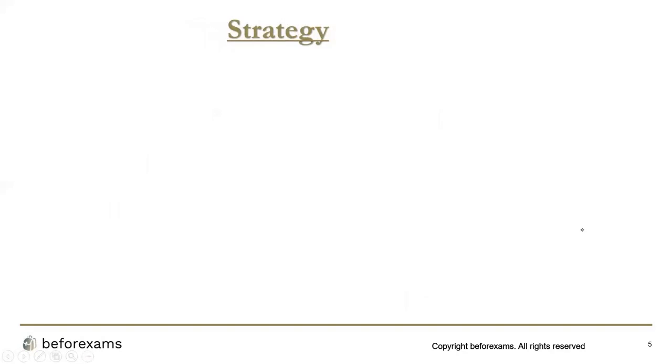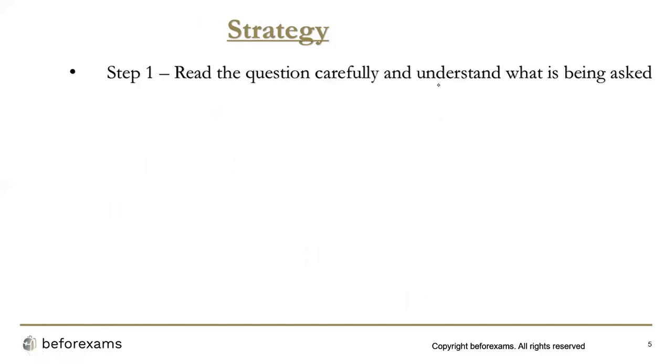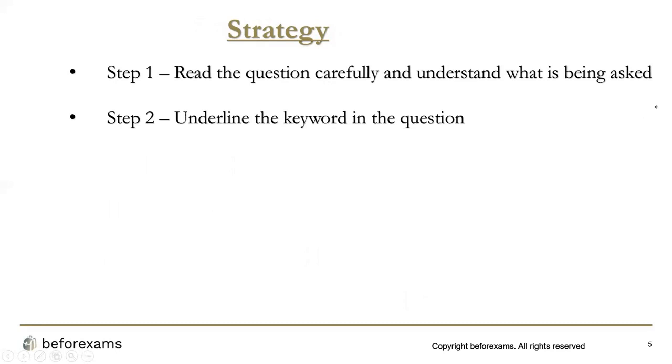Now the strategy. I'll be giving you a step by step strategy on how to attempt these kinds of questions. Step one is read the question carefully and understand what is being asked. The first thing you have to do is read the question very carefully and understand what is asked in the question. Underline the keyword in the question. Always underline the keyword in the question.